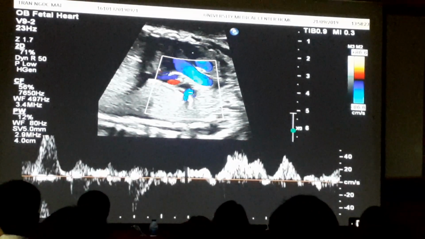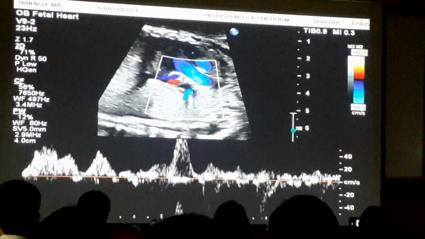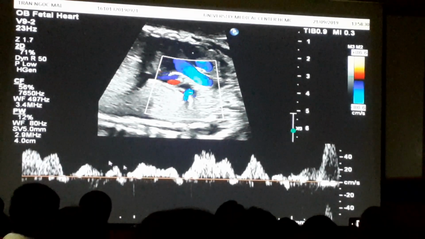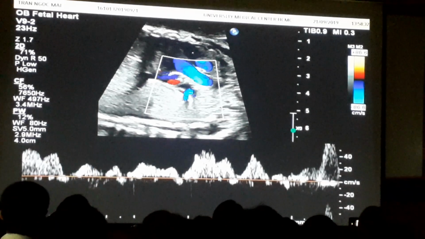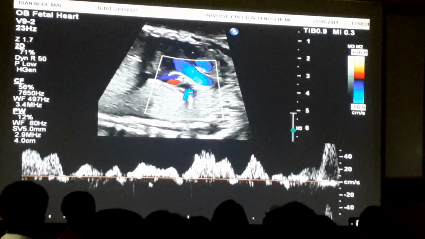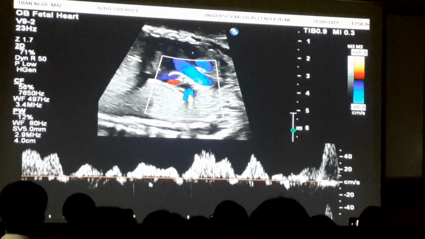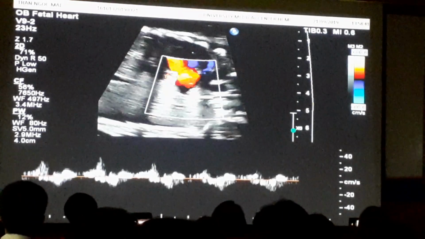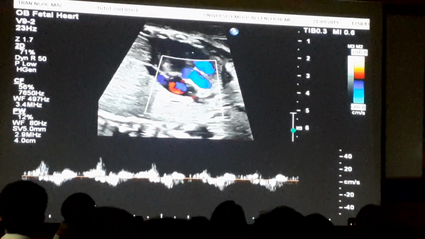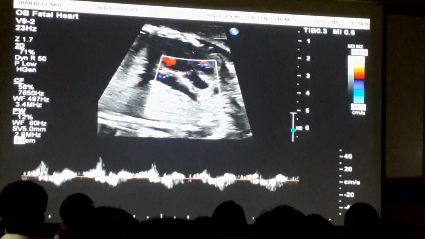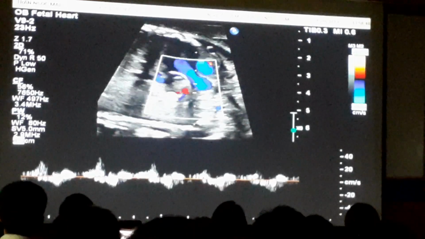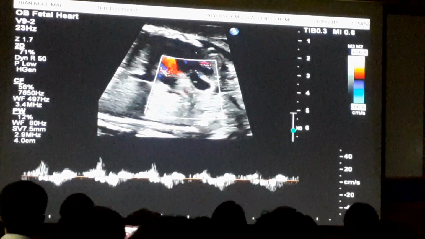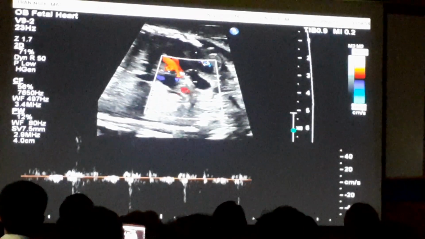Has a little bit of reversal, but now it's breathing. Có cái sóng A đảo ngược. So this is what we're looking for, is for there to be a clear A-wave reversal with atrial contraction, and then to go ahead and simultaneously sample that vein and the aorta. Khi mình chắc chắn là có sóng A đó rồi, đảo ngược của như sóng nhĩ đó, thì lúc đó mình cũng làm cả đôi.